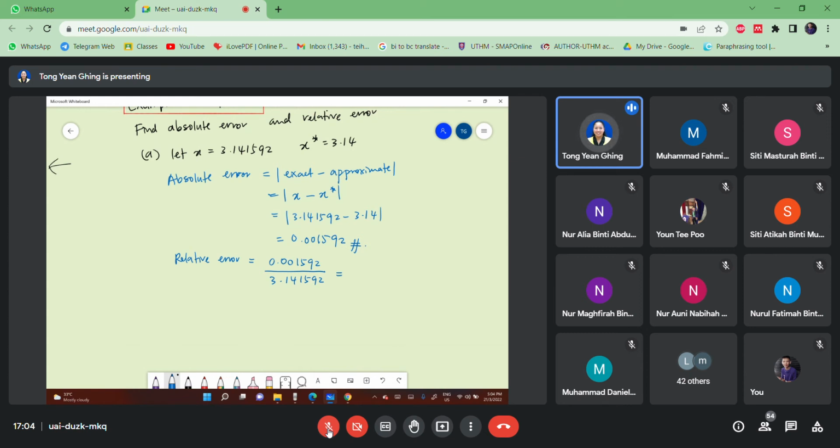Syafiqah, tolong kira dapat berapa, Syafiqah? Tengah cari kalkulator ke Syafiqah? Dapat. Okay. 0.000506.